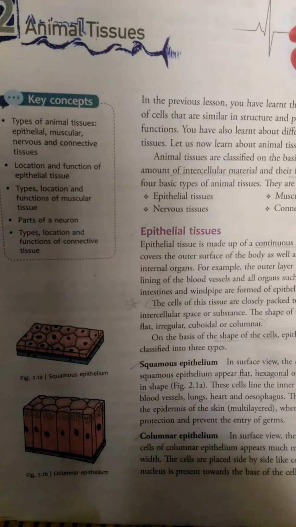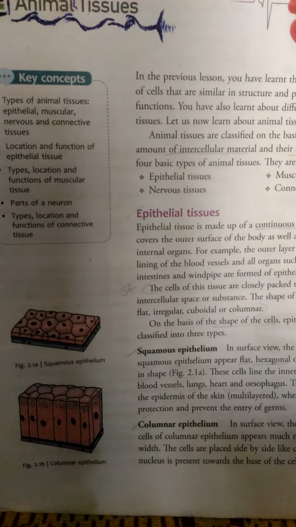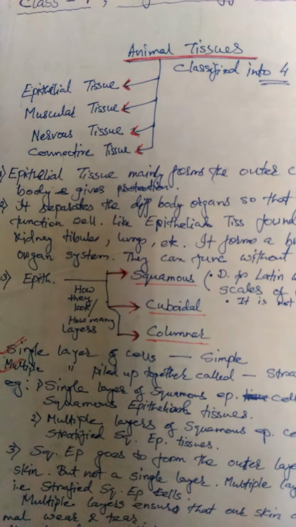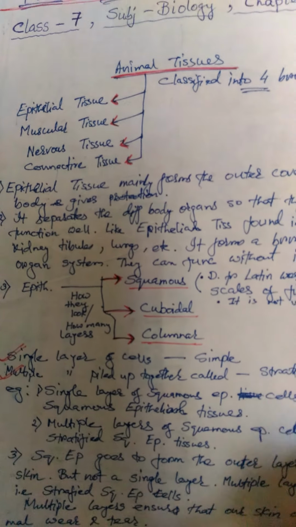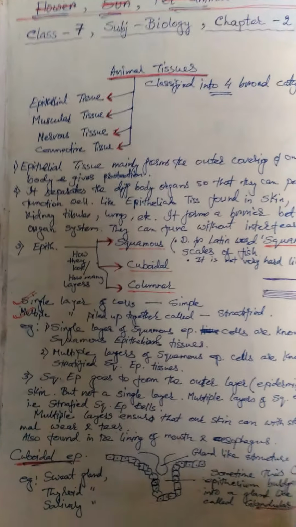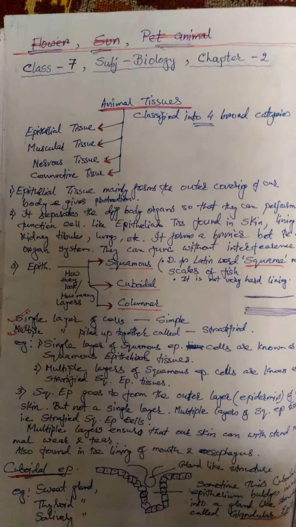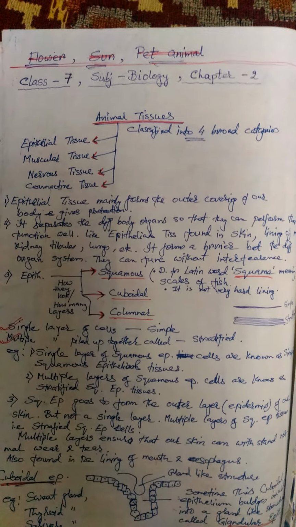Fine. Now, coming to the next part, that is how many layers. Children, you see, it is quite obvious that a single layer of squamous epithelial tissue cannot give that hard protection to our body from the wear and tear of nature.